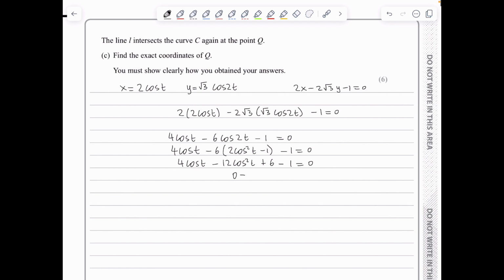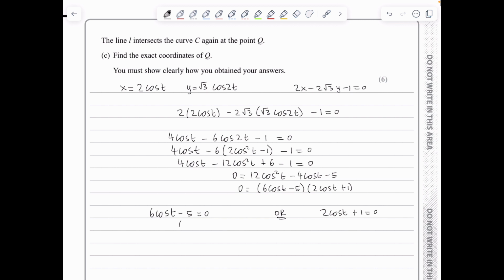Leading to 0 is 12 cos squared t minus 4 cos t minus 5, a quadratic in cos t, which factorizes into 6 cos t minus 5, the first bracket, and 2 cos t plus 1, the second bracket. So we either have that 6 cos t minus 5 is 0, or 2 cos t plus 1 is 0.